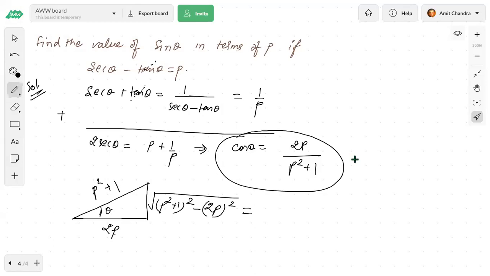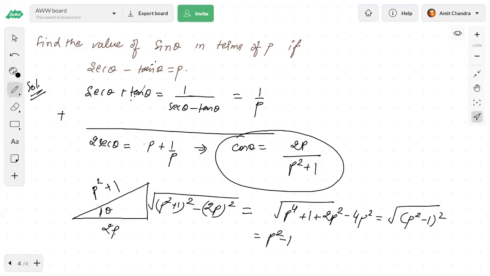So this will be nothing but under the root of p to the power 4 plus 1 plus 2p square minus 4p square. So this will become under the root of p square minus 1 whole square, which simply becomes p square minus 1.